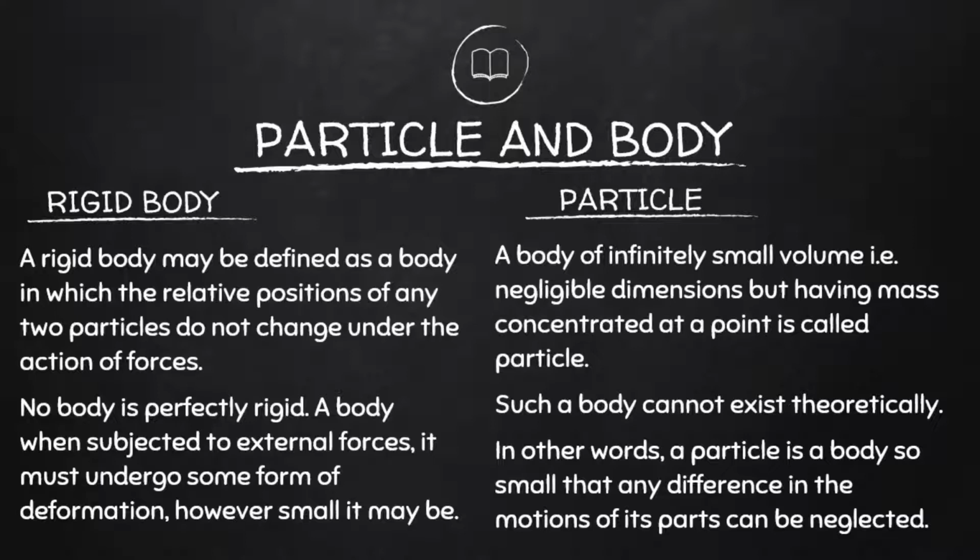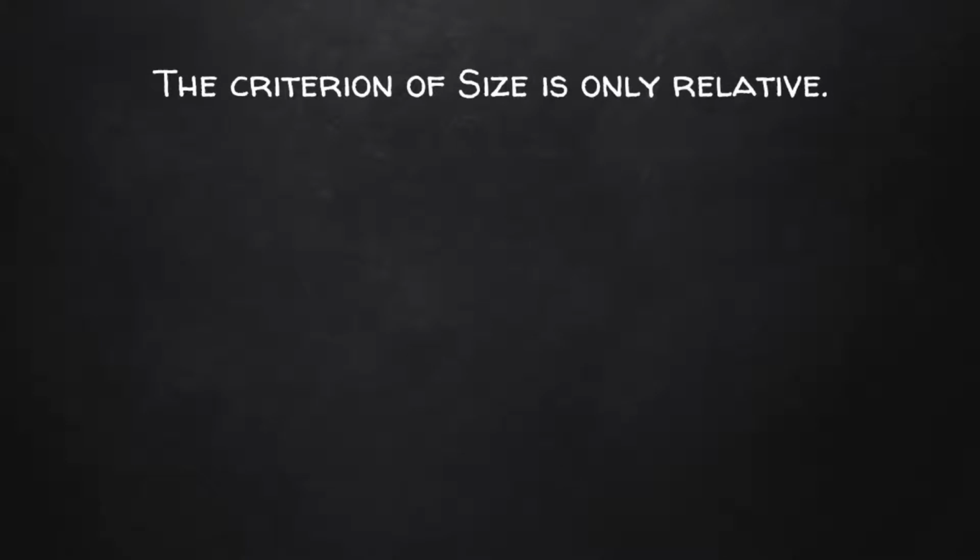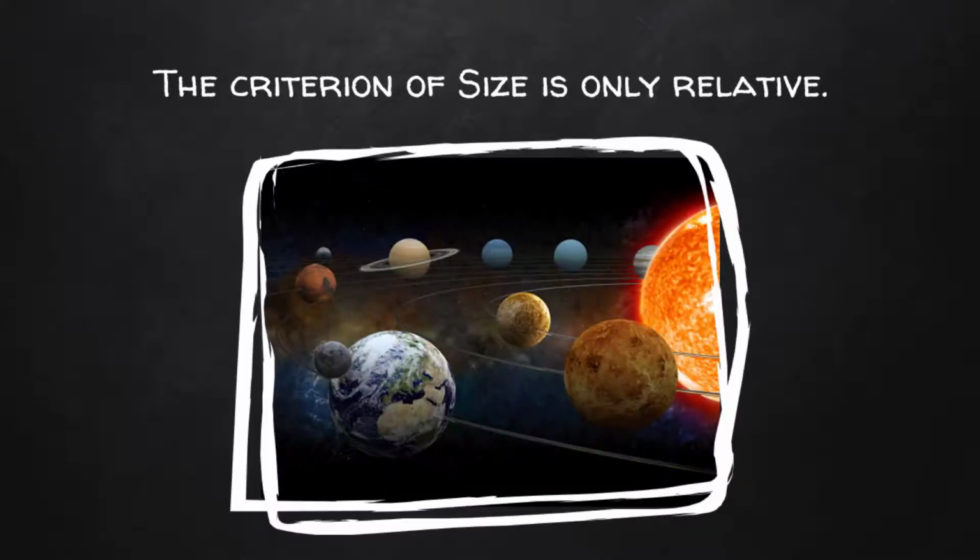In simple terms, a body or a rigid body is an object of appreciable size. On the other hand, a particle is an object that has an infinitely small size. It seems confusing, right? But let us remember that the criterion of size is only relative. Consider the picture of the solar system.